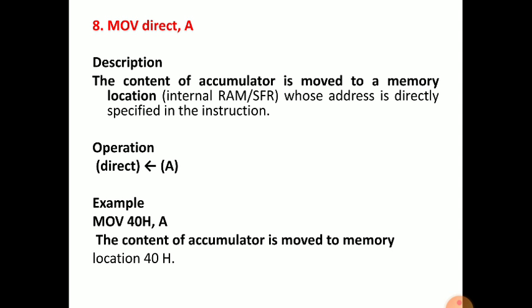So the operation is (direct) ← (A), that is, the contents of the accumulator are copied onto the direct address. The example is MOV 40H, A, that is, the contents of the accumulator are copied onto the address location 40H.